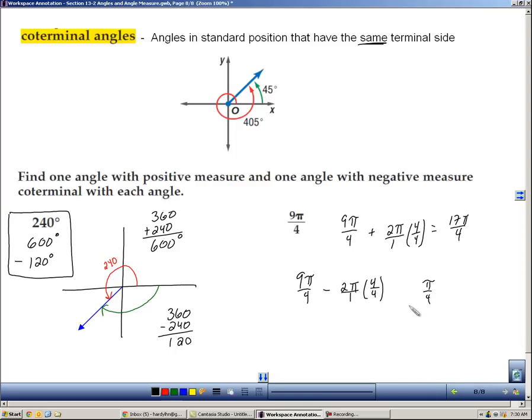So this is really the same as pi over 4. But the problem with that is it's not negative. So I'm going to take 2 pi and subtract pi over 4. Again, that's 8 pi over 4 if I get a common denominator. And 8 pi over 4 minus 1 pi over 4 is 7 pi over 4. But that's negative because we went in the opposite direction. So here's a coterminal angle that's negative, and here's one that's positive.